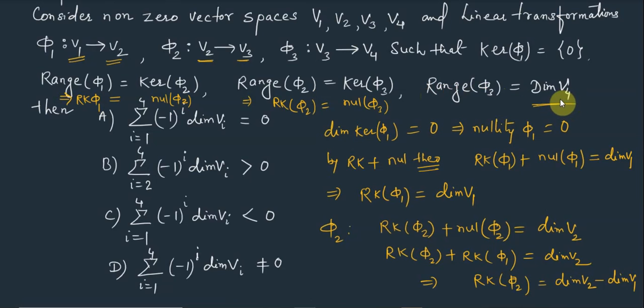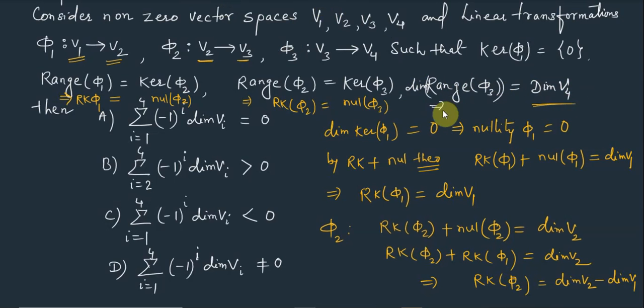It means the dimension of the range of phi3 is equal to the dimension of V4. Here it is the dimension, not the space. So this implies rank phi3 is simply equal to the dimension of V4.